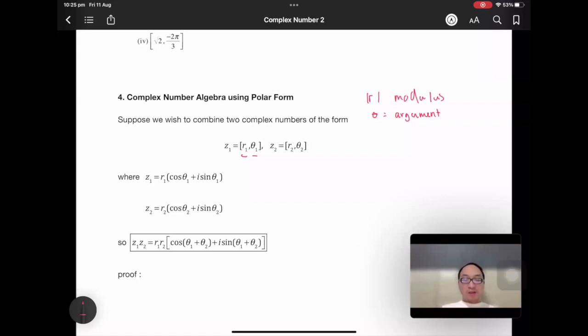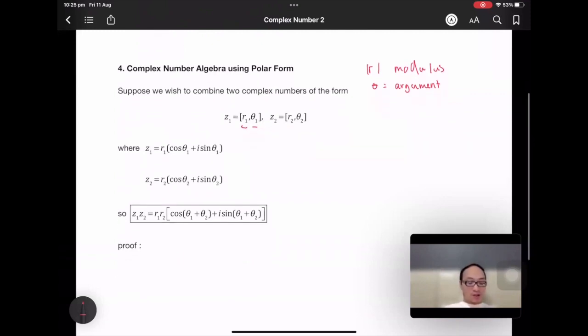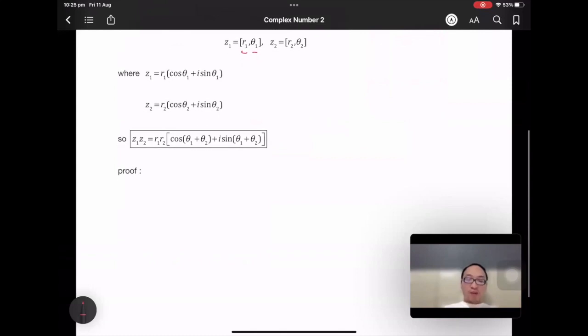So for example, we have z1, a complex number, in the form of r1 and theta1, and the second complex number z2 has modulus r2 and argument theta2. In polar form, we can write z1 as r1 (cos theta1 plus i sin theta1), and z2 as r2 (cos theta2 plus i sin theta2).